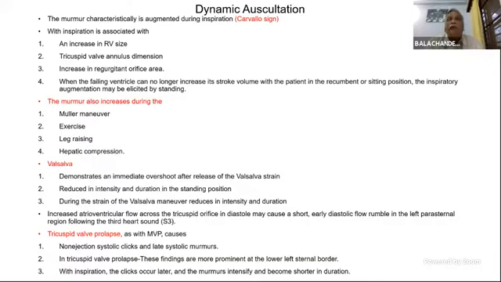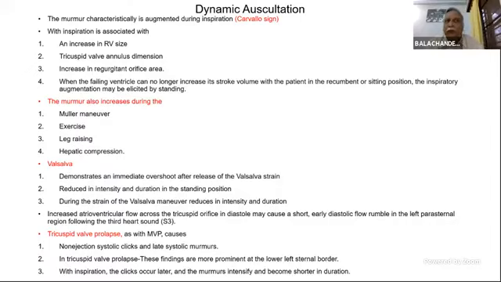So remember that when the failing ventricle can no longer increase its stroke volume with the patient in the recumbent or sitting position, you can try to elicit the same sign by making the patient stand. So the important thing for Carvallo's sign is making the patient stand and see, or of course, if it is that obvious, in the supine position. Now remember, the murmur also increases during Muller's maneuver.